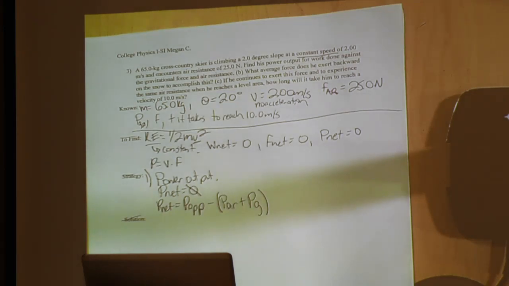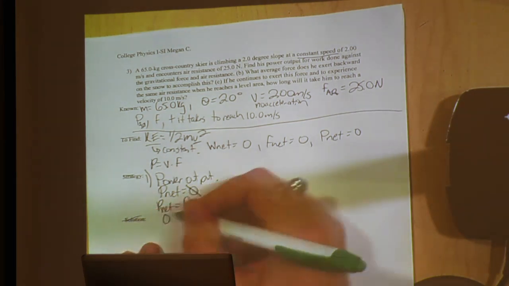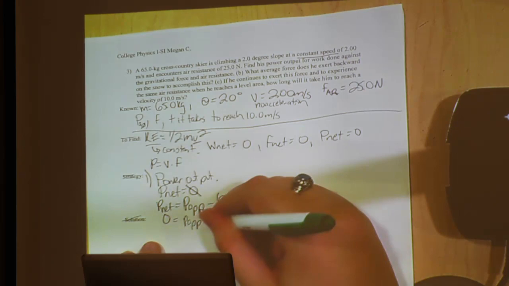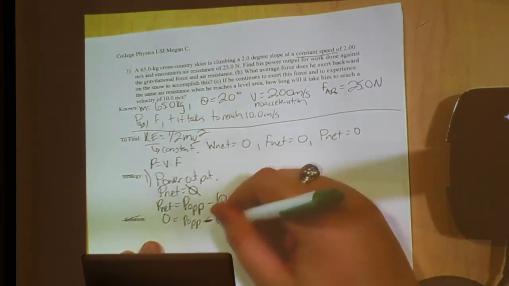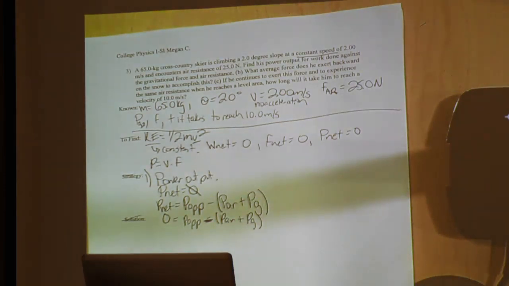Okay? All right, so we know that this is 0 again, so we're going to go ahead and plug it in to be 0. P applied, this is supposed to be minus, I'm sorry, P AR plus P G, which means we can rewrite this.